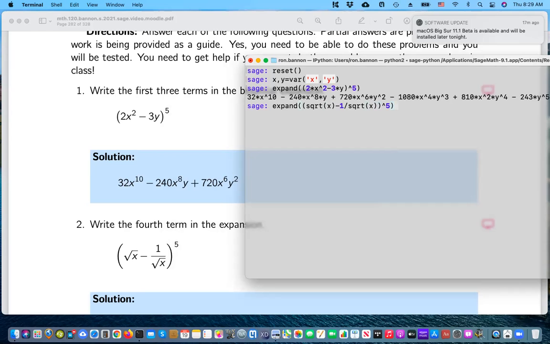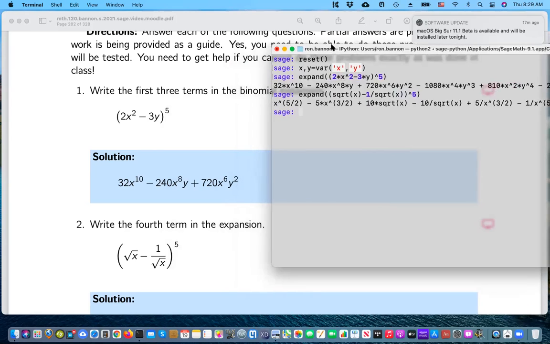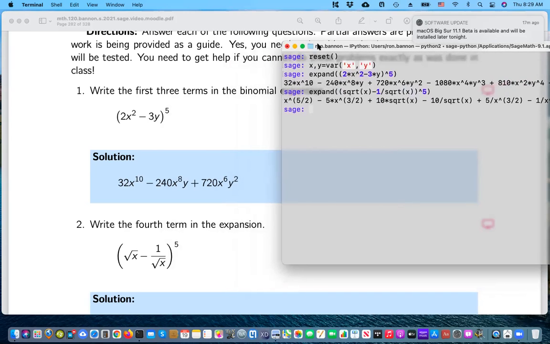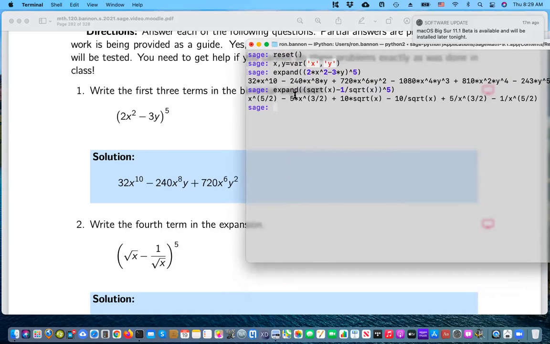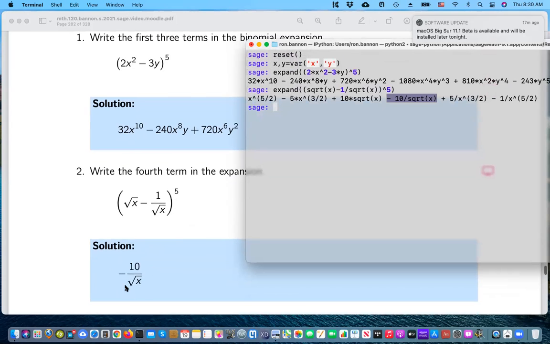And what they want me to do is write the 4th term down. Not all of them, but the 4th one. So let's take a look at it. The 4th term: 1, 2, 3, 4. So it's this term they're talking about right over here. And what is that term? Minus 10 over the square root of x. Exactly what they have written over here.